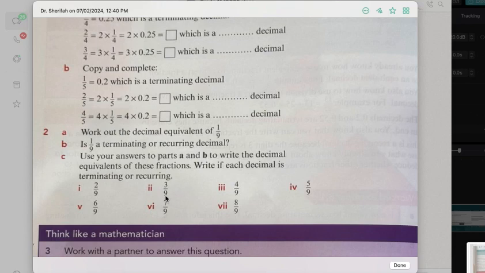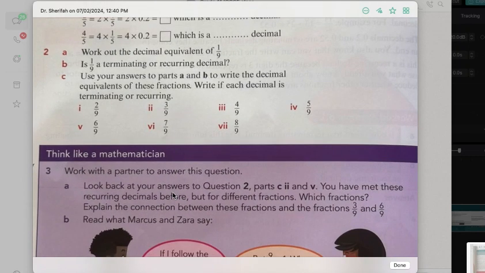This is the same as 1 over 3, because dividing 3 into 3 gives 1 and 3 into 9 gives 3. So it's 1 over 3, which is 0.3333, and so on. This is the same as 2 over 3: 6 over 9 reduces, 3 into 6 is 2 and 3 into 9 is 3, so 2 over 3, which is 0.6666.